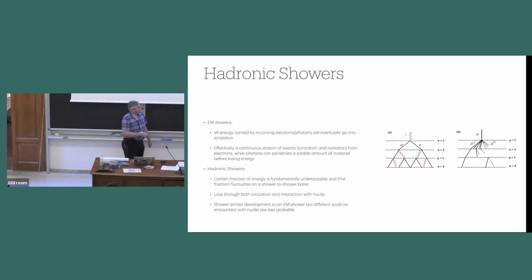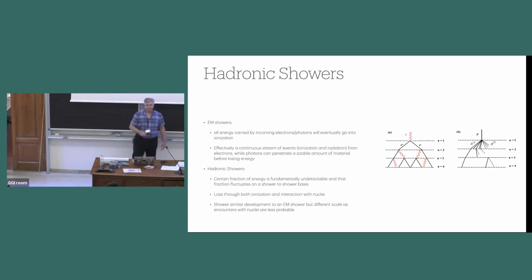So if you compare the two shower processes, in the EM shower, almost all the energy is going to eventually go into ionization. It's a continuous stream of events through ionization and radiation, which occurs rather rapidly in a rather contained area, whereas with the hadronic particles, a certain fraction of the energy is fundamentally undetectable.